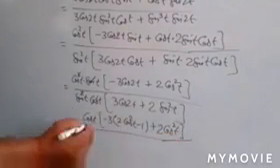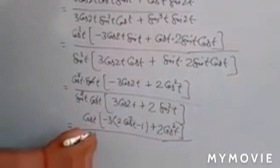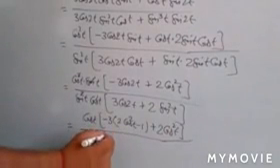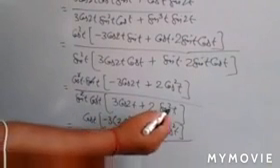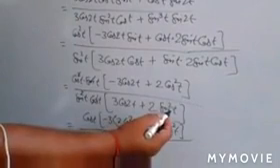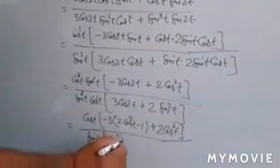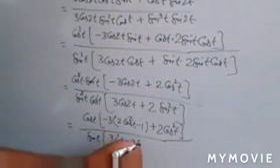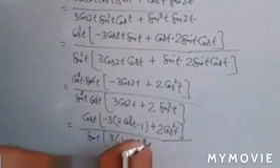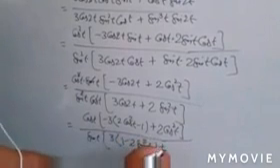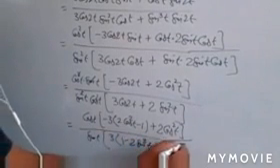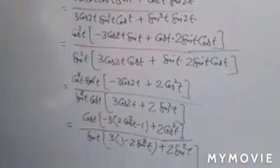Understand? In the same way, here you have sin t into 3 into, yes, here you have terms of sin square t. So applying the formula for sine, 1 minus 2 sin square t plus 2 sin square t. Okay, write this step.